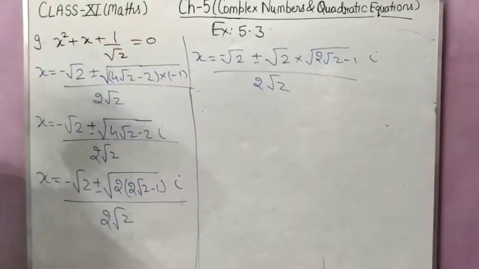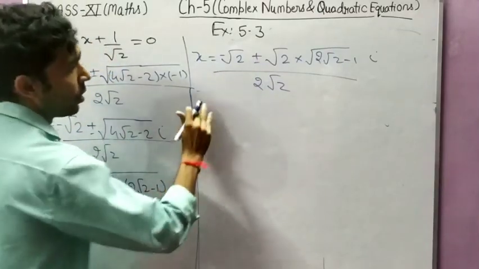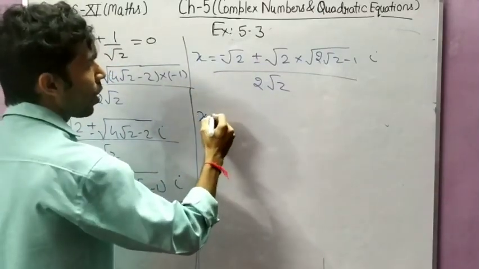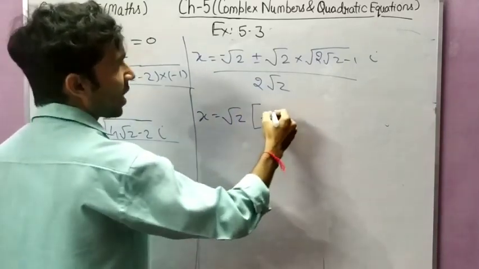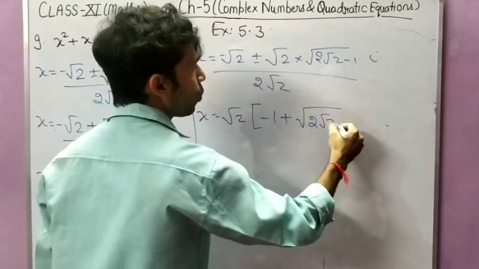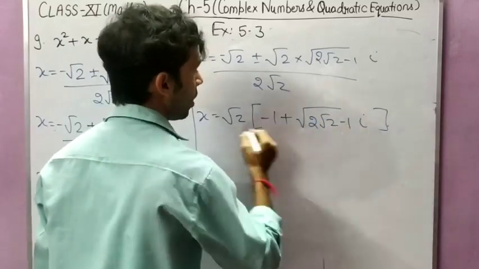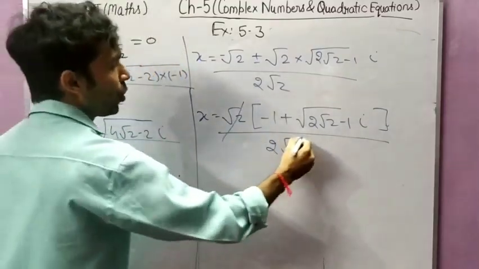Now when we see these two terms, we can say root 2 is common, so I can take root 2 common. In the bracket will come minus 1 plus minus under root 2 minus 1, i upon 2 root 2. Now root 2 is cancelled.